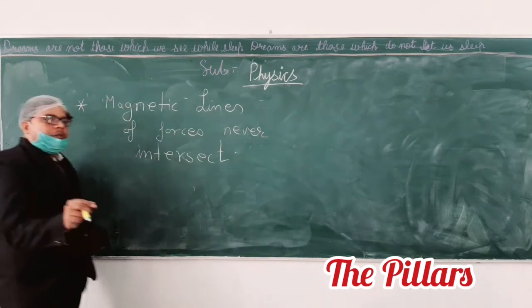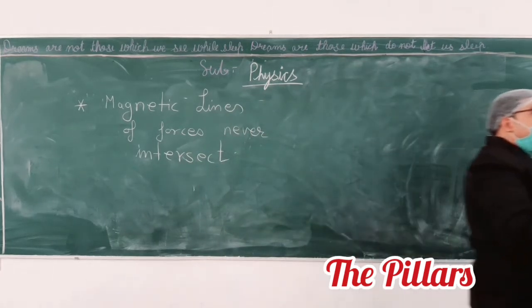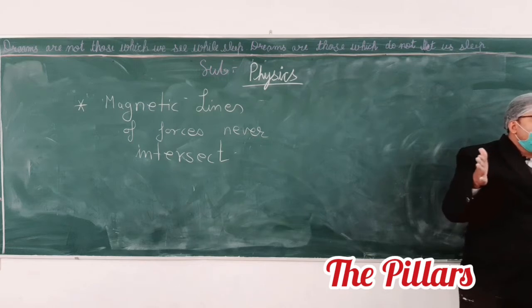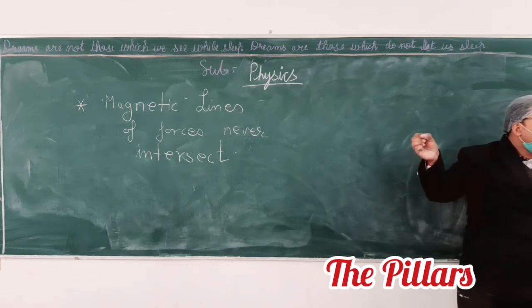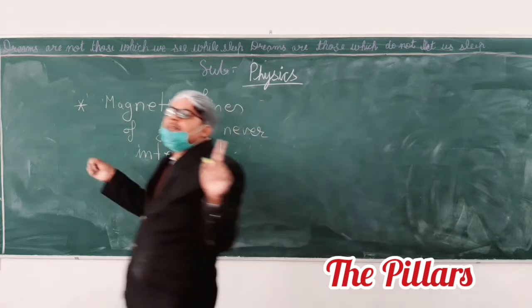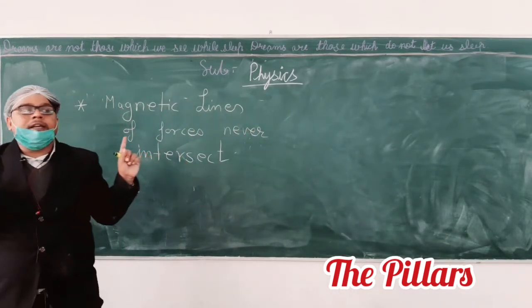Just now I have told you that whenever we are drawing magnetic line of forces, it is due to the net magnetic field. So we have only one direction. At one point we are going to have only one direction of magnetic field. Yes or no? Because we have drawn it for the net magnetic field. Yes, sir. Okay.